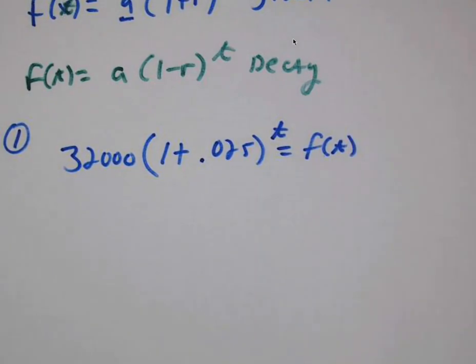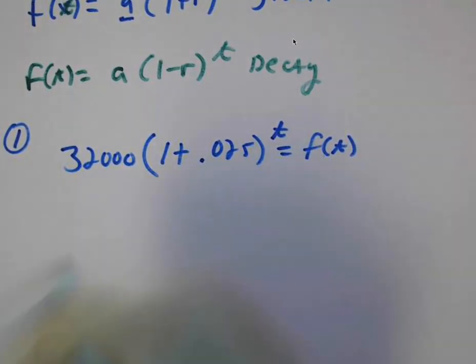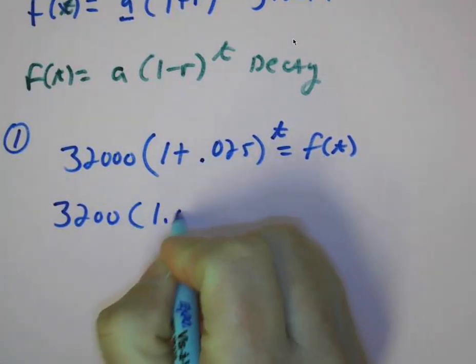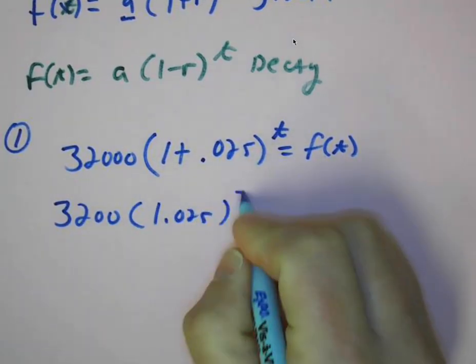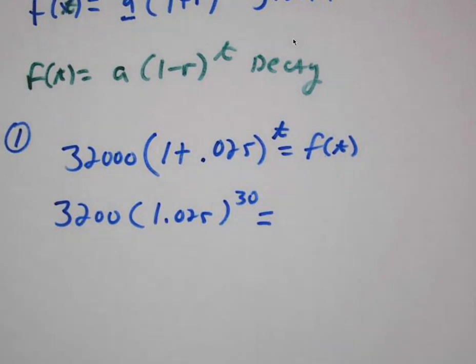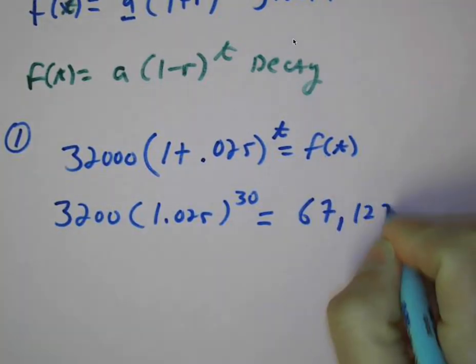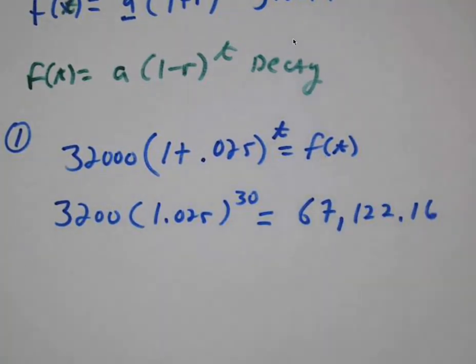Now they want to know when she retires after 30 years. You literally have this, and you take it to the 30th power. You punch that in the calculator, and you get something like $67,122.16. All right, so you can do number two.